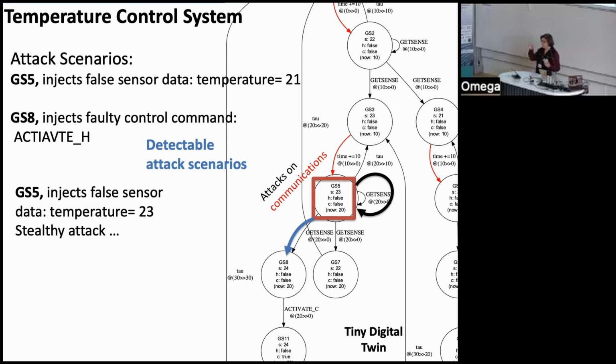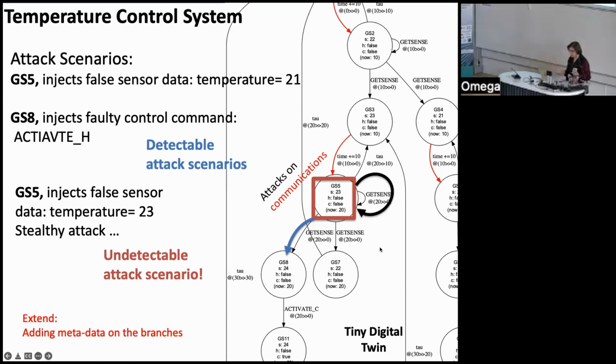So those meta rules shall be added to your transition system such that you can also detect this kind of stealthy attack. Everything is fine on the transition system, but you know that this is really not good. So you have to add this kind of metadata to your branches. This is the ongoing work of Feridun. Hopefully in a few months, we will be done with that too.